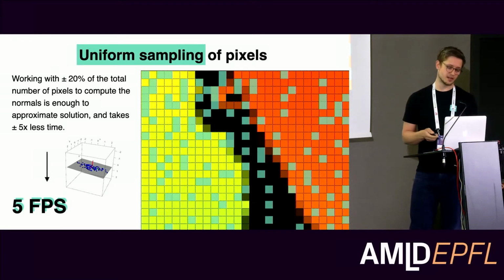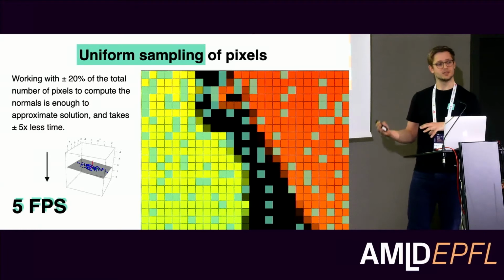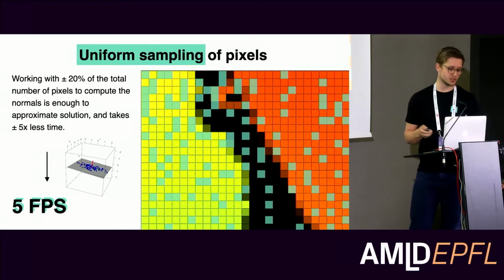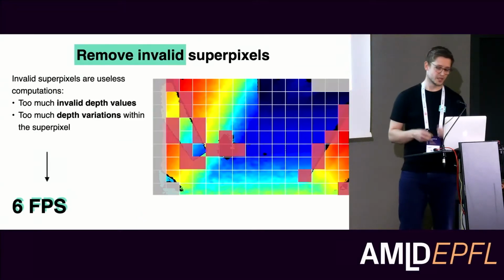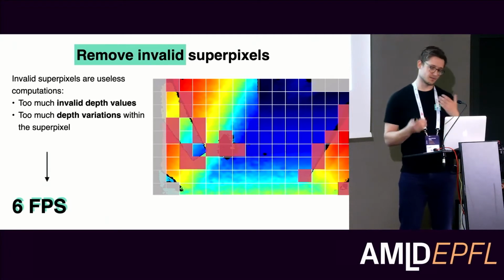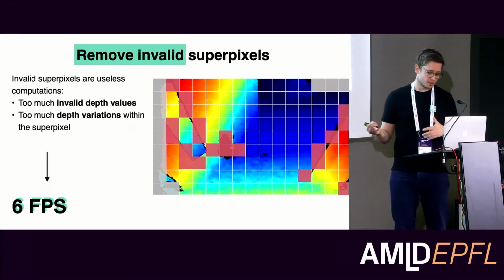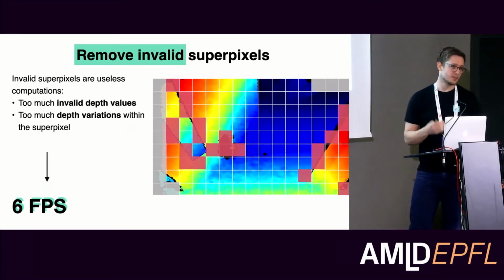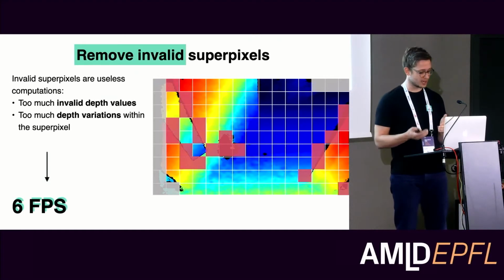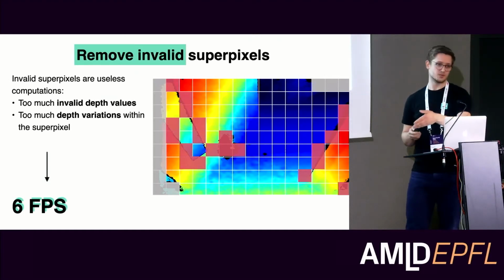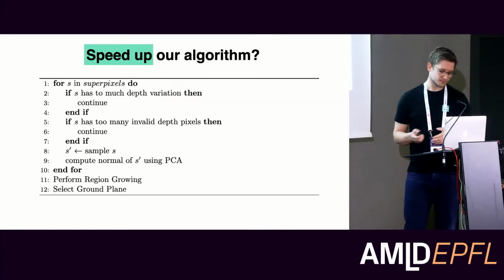And what we see there is we can get very similar results while improving the computation quite a lot. And then when we kick out all the invalid superpixels with very simple to check conditions, like are there too many invalid depth pixels in black, for example, or is the depth variation within the superpixel super high, then we can improve even more on that.